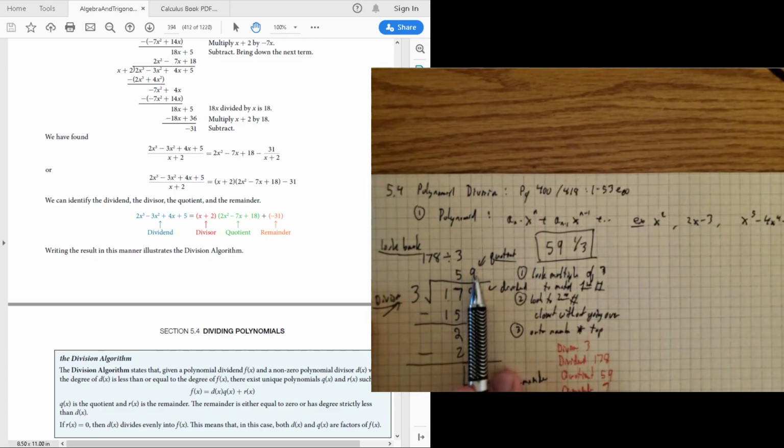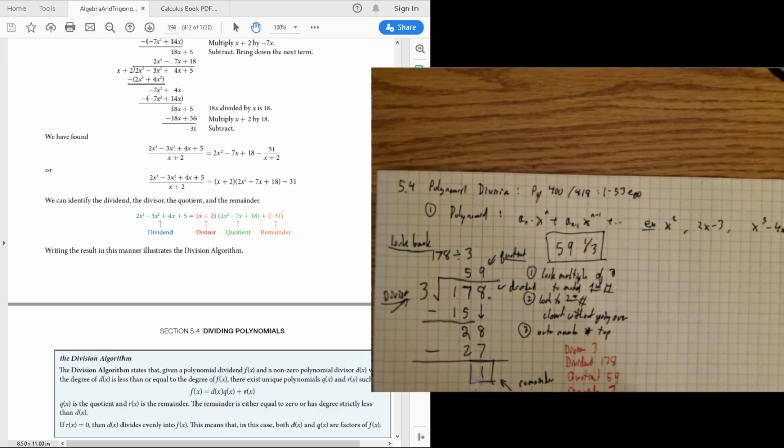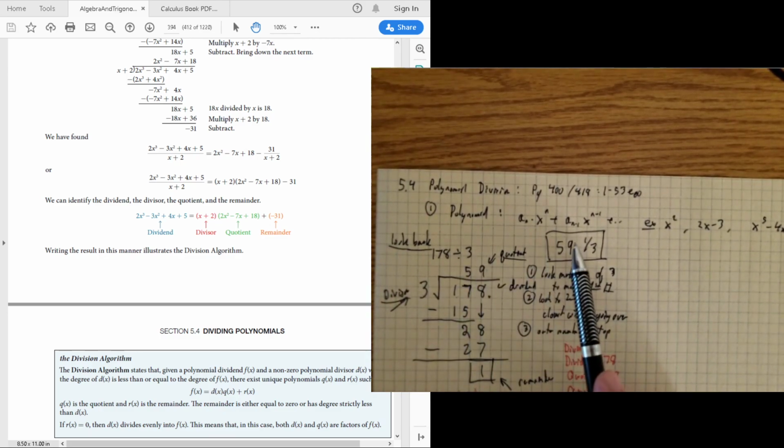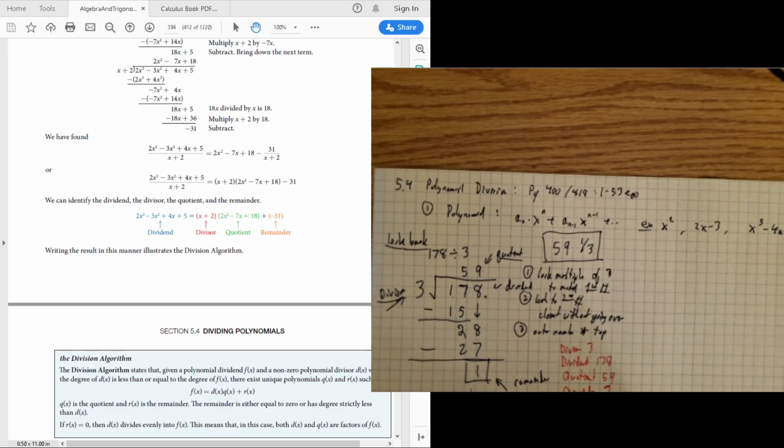We have the quotient, 59, the remainder, and the divisor. So, quotient, remainder, divisor. That's how we write 178 divided by 3 is 59 and 1/3. Quotient, remainder, divisor.